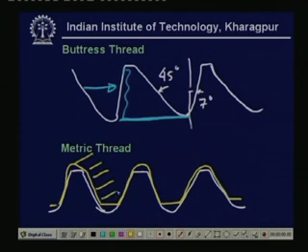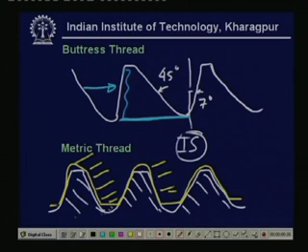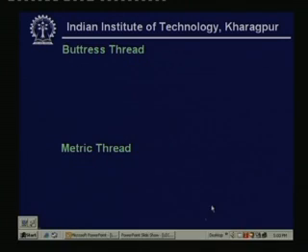So, these are the nuts and this is the thread. So, these are used in Indian standard. Now, these are different kinds of normally used threads.